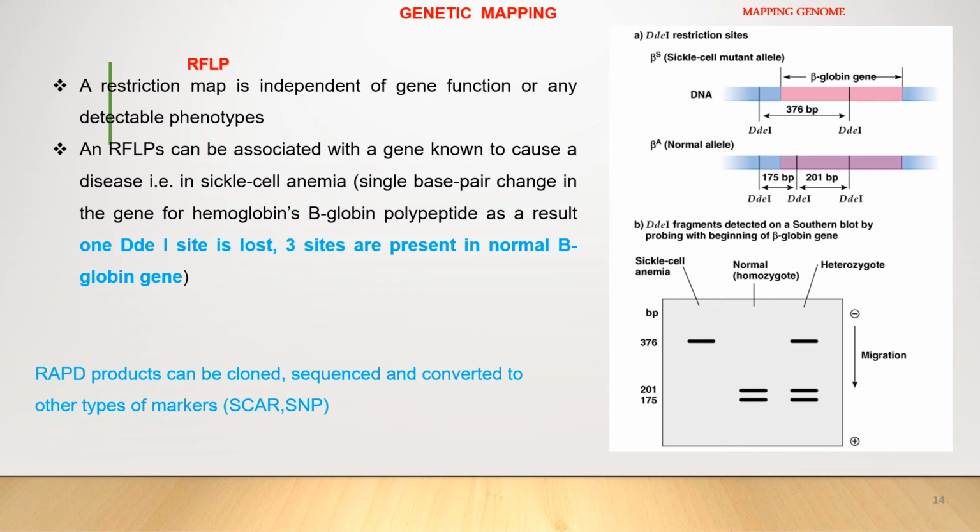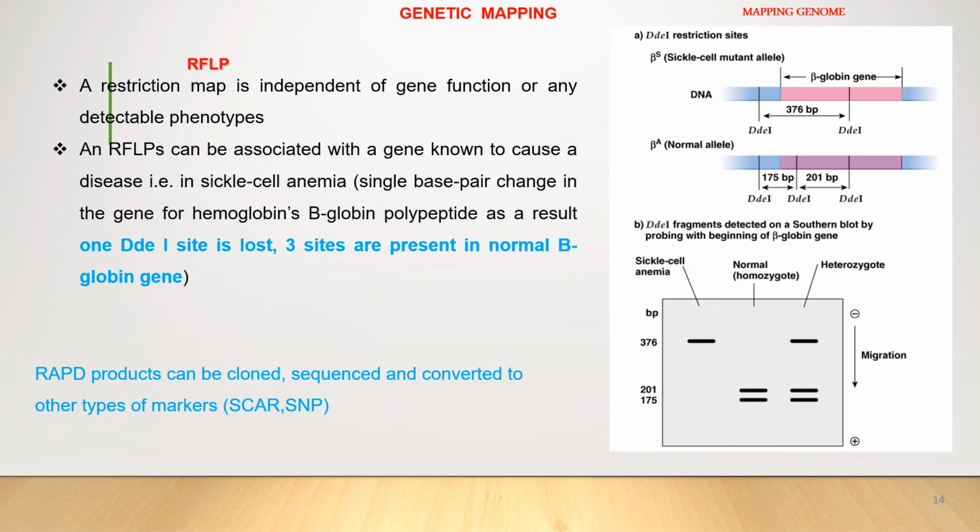The heterozygotes would show three bands, one of 175 base pair length, a second of 201 base pair, and a third of 376 base pair length.